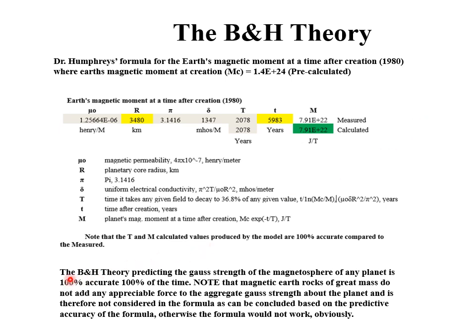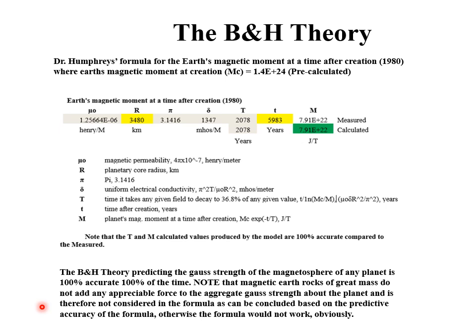All right, so the B and H theory, predicting the Gauss strength of the magnetosphere of any planet, is 100% accurate 100% of the time. Note that magnetic Earth rocks of great mass do not add any appreciable force to the aggregate Gauss strength, the collective Gauss strength, the sum of the Gauss strength about the planet, and are therefore not considered in the formula, as can be concluded based on the predictive accuracy of the formula.